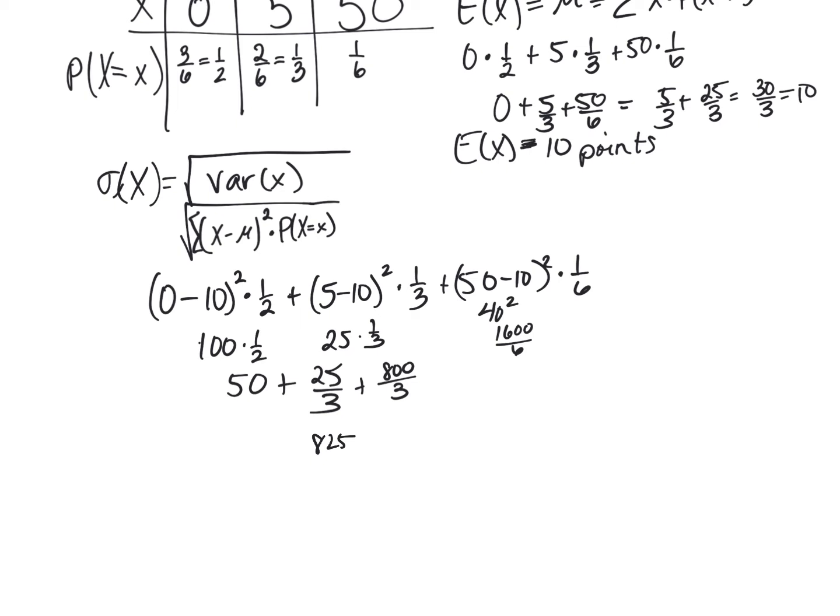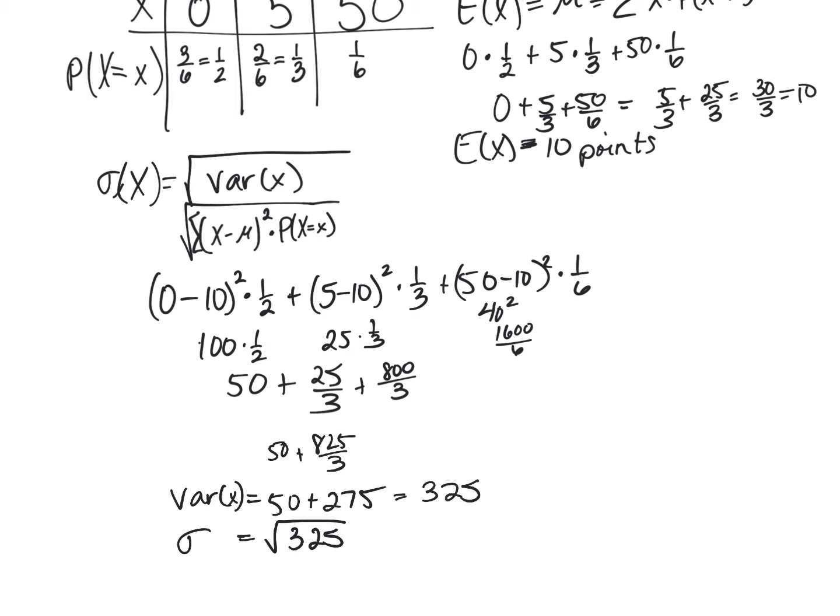That's 825/3 plus 50. 825 divided by 3 is 275. So that's 325. Now remember, we're taking the square root of this because this is my variance. The variance is 325, and the standard deviation is the square root of the variance, and that is 18.03. So my standard deviation is 18.03.